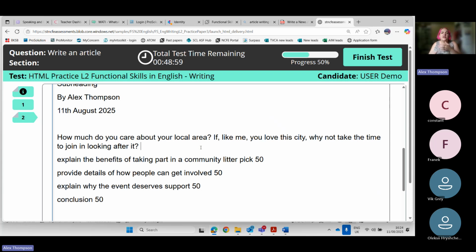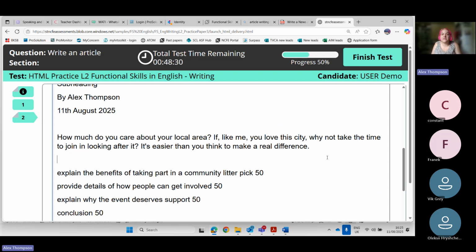So if, like me, you love this city. We love this city. Why not look after it? Then, to stop them panicking and thinking, oh, this is too much work, too much time, too much effort, it's easier than you think to make a real difference. In fact, leave it at that. It's easier than you think to make a real difference.